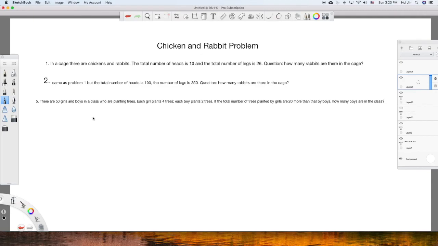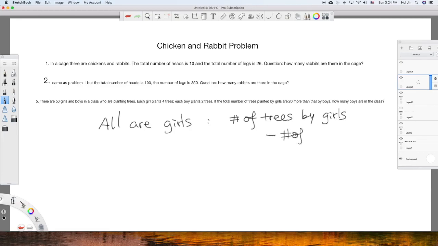So we started that if all are girls, the total number of trees by girls minus the number of trees by boys equals 4 times 50 minus 0 equals 200.